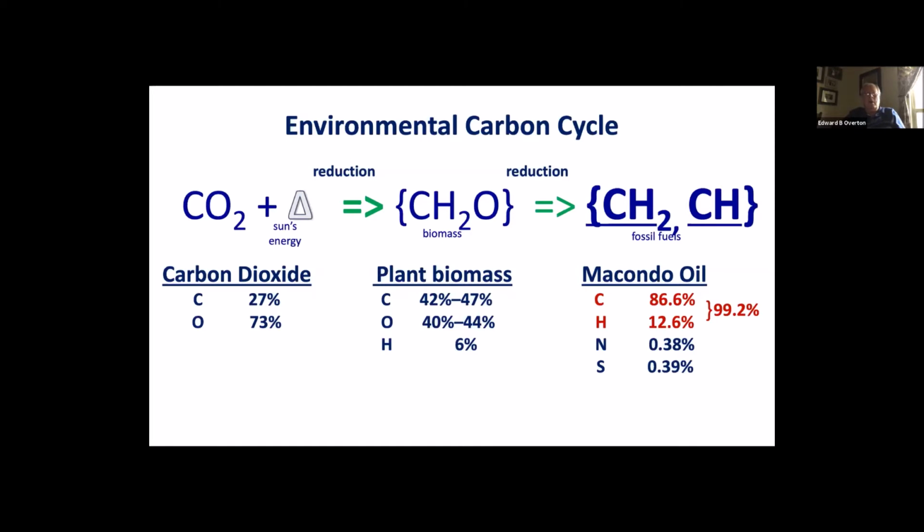These are called hydrocarbons, and they contain lots of energy that can be used both for metabolism and for combustion. So this is Mother Nature's way of storing chemical energy from the sun into a material that we call fossil fuels.